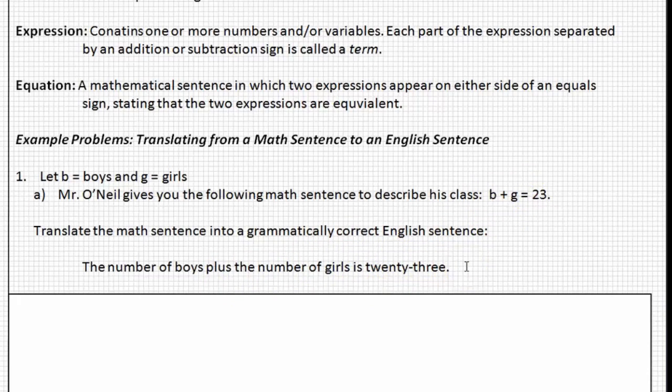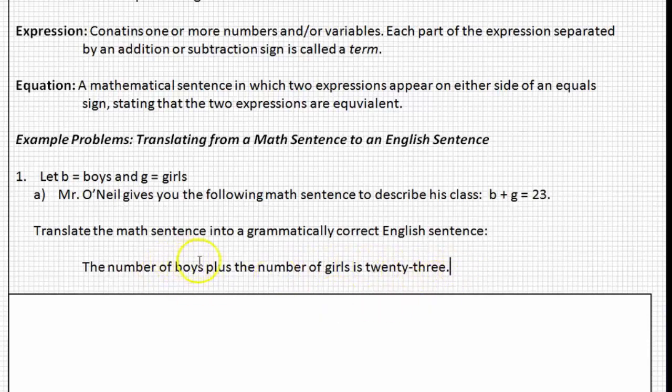What might be helpful is there was a math lesson a while back in which you had all the different operations and English words that we could use to represent those symbols and equations and operations, and one of them is the word is, which oftentimes stands for an equal sign. So the number of boys plus the number of girls is 23.